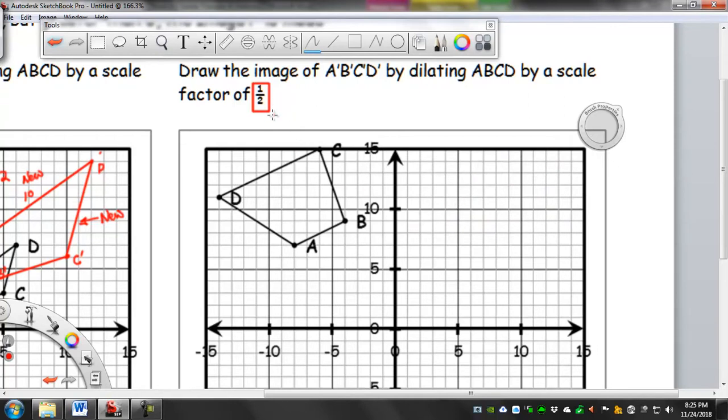Okay, so we have another problem here that we're going to be doing. We're going to take this larger one and reduce it by 1/2, so let's go ahead and list our ordered pairs. A is -8 and 7. B is -4 and looks like 9.